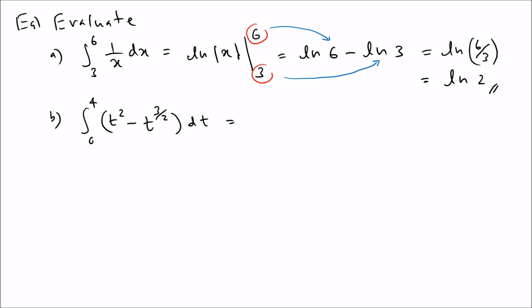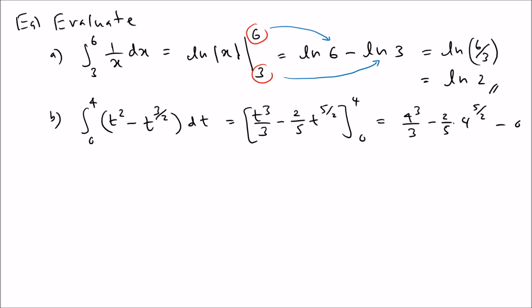So t squared becomes t cubed over 3, minus, again you add one, so you get 5 halves, that means 2/5 t to the 5 halves. Since there are more terms, I'm going to use the bracket notation, 4 and 0. First you plug in 4: 4 cubed over 3 minus 2/5 times 4 to the 5 halves, minus 0, because plugging in 0 gives all 0.